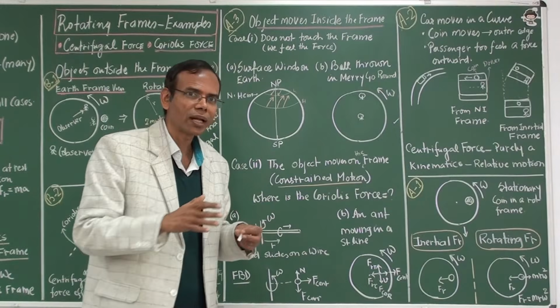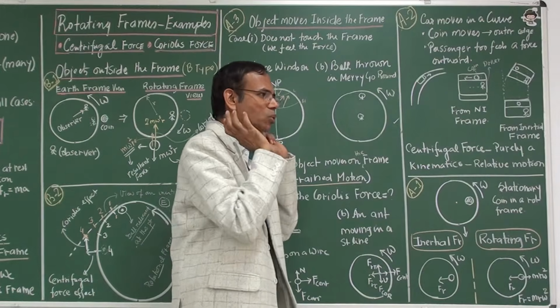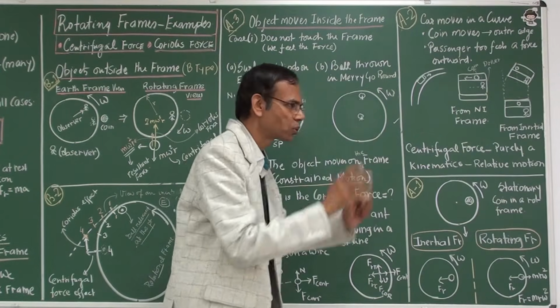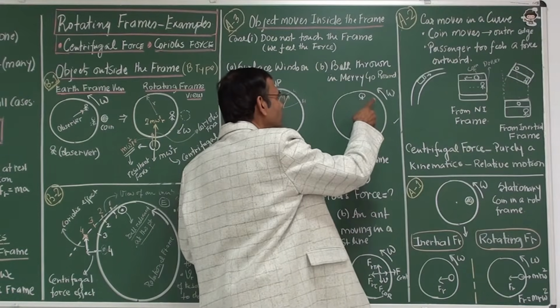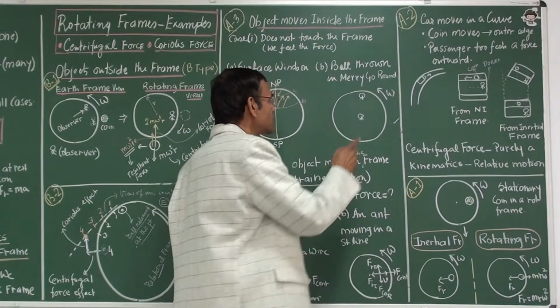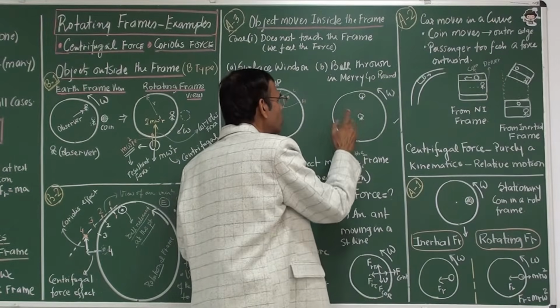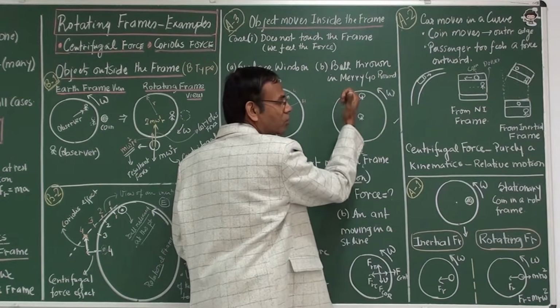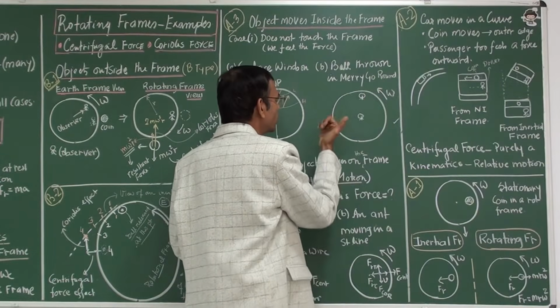Will it be in a straight line? Because when he is throwing the ball, he just throws to him only, looking at him. You see, we have to consider this is omega, and this is the velocity. So omega means it is this way, omega and v. So omega cross v.